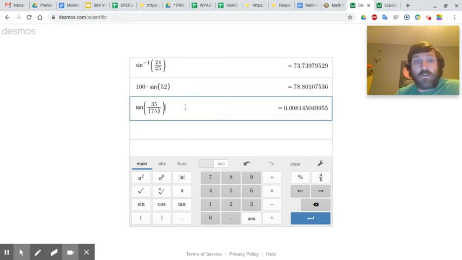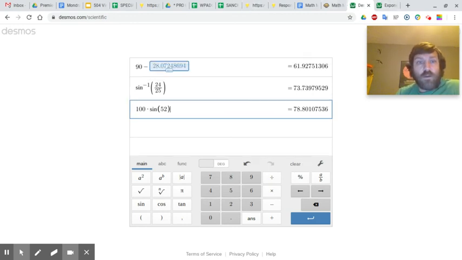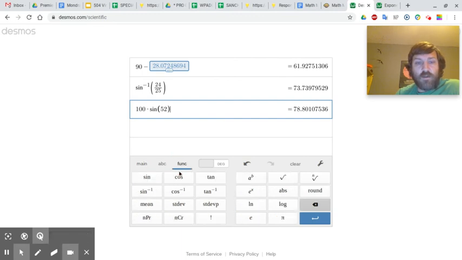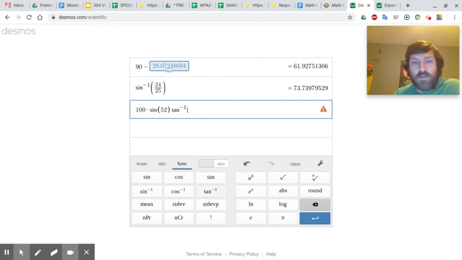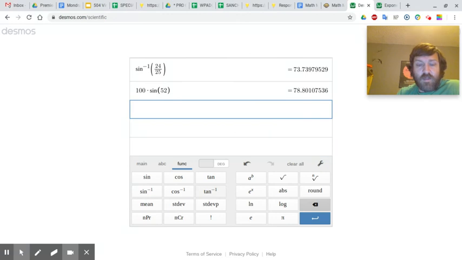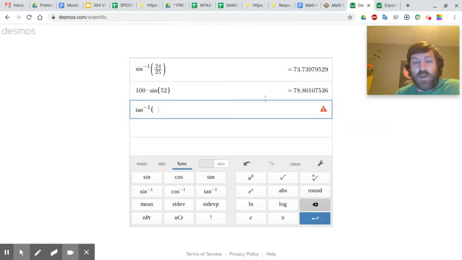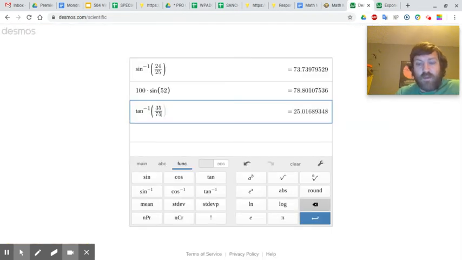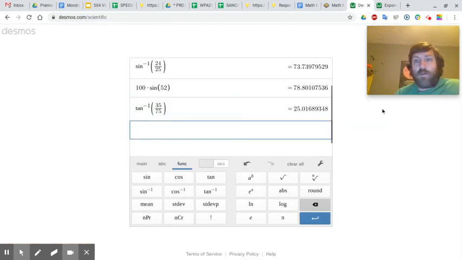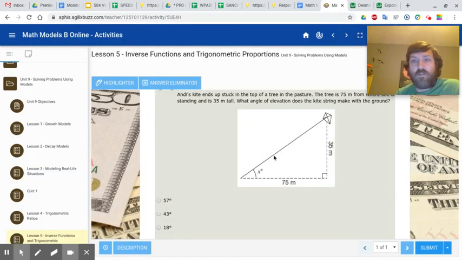Oh, I'm not using tangent -1. Even I make mistakes. Function tan -1, because again, we're trying to find the angle, not the sides. I was putting in the sides to find the sides, but I want to put in the sides to find the angle. There we go. That's more like it. So again, you do tan -1 because you know the sides and you want to find the angle. So that's going to be 25 degrees.